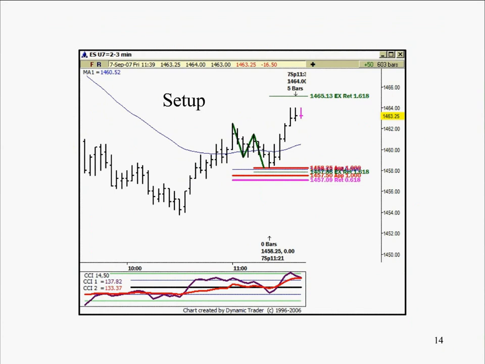This setup was actually a zigzag or 2-step pattern. With the 2-step pattern, we're looking at a zigzag that is correcting a prior swing. So in this case, we are correcting this prior low to high swing. Hopefully you can see the arrow.